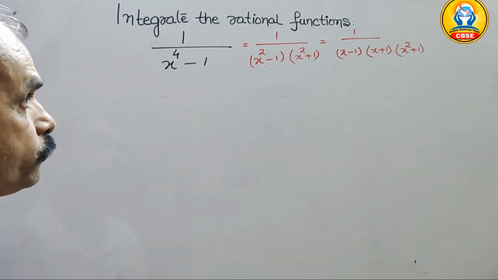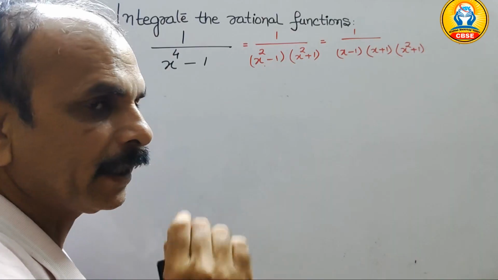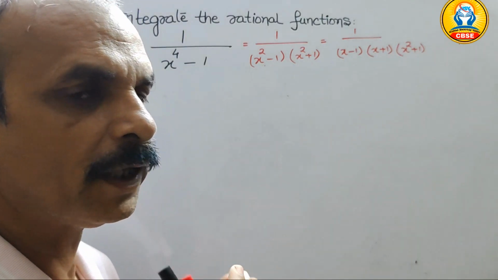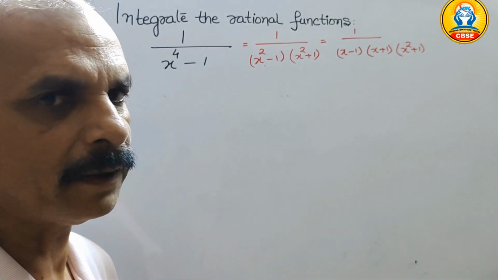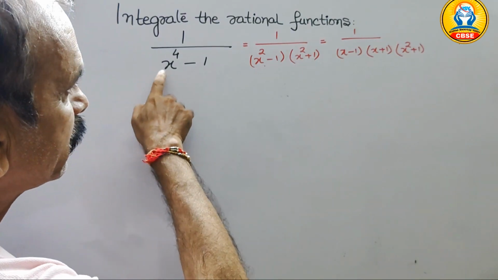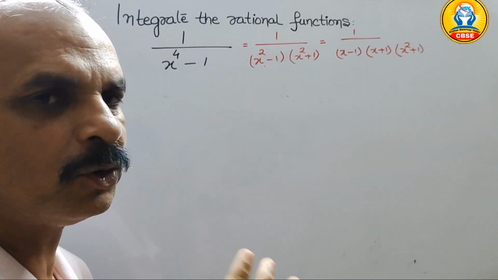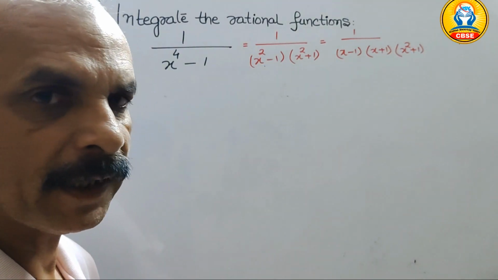Now this we can write in the form of A, B, C and D. Why up to D? Because here x to the power of 4 is there, so we have to write up to D. How can we write it?